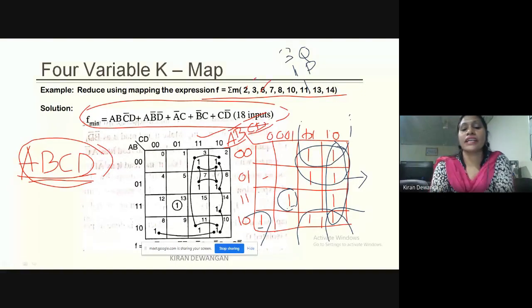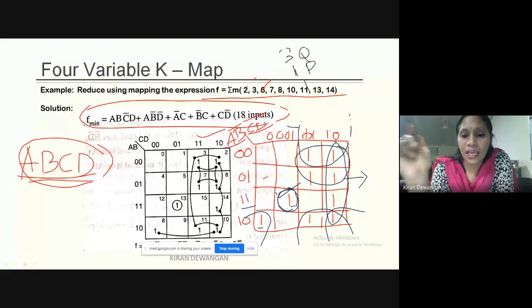Now let us write the expression for this isolated term first. What would be the expression of this isolated term? An isolated term is not pairing with anything, not in quad formation, not even an octet or anything. It's just a single term. Okay? So what will we write for this? AB is 1 1, CD is 0 1.